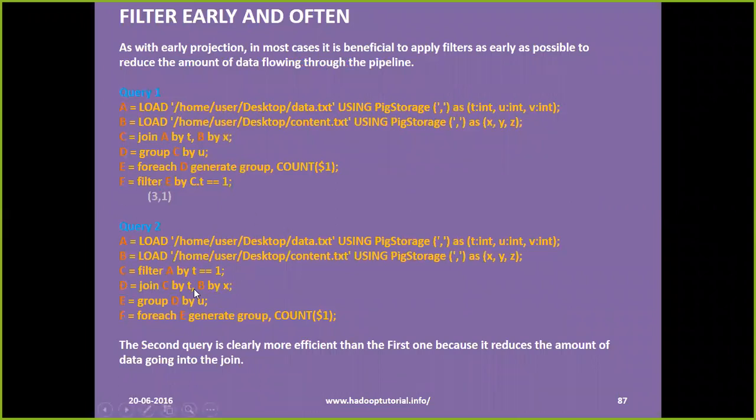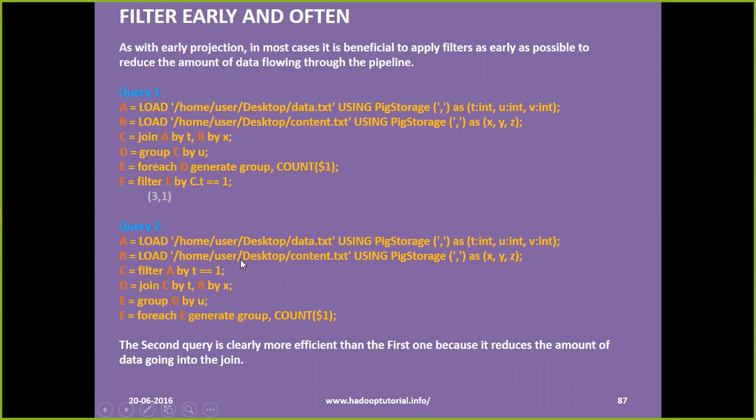So instead of filtering these records after performing the joins, I could have filtered in the A relation itself, where t is 1. Filter A by t equal to 1, limiting columns only to x, y, t, x, and group by u and generate.